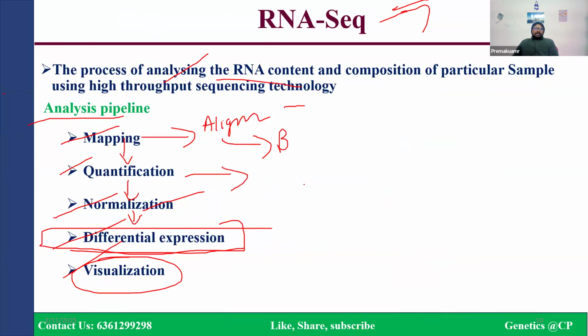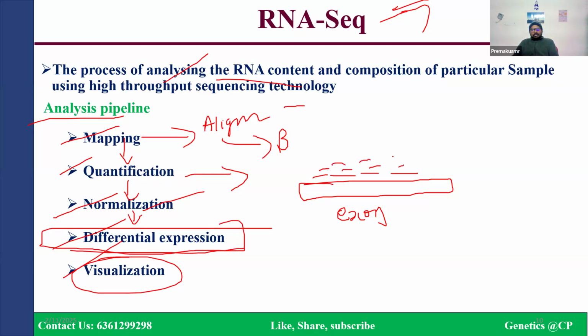Then you have to quantify. For example, this is an exon. How many reads are mapped for this exon? You have to quantify, like transcript abundance. How much transcript is there for each exon?